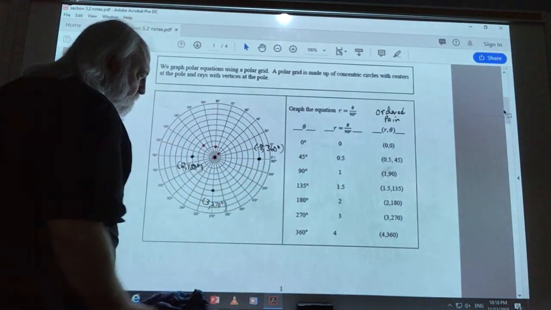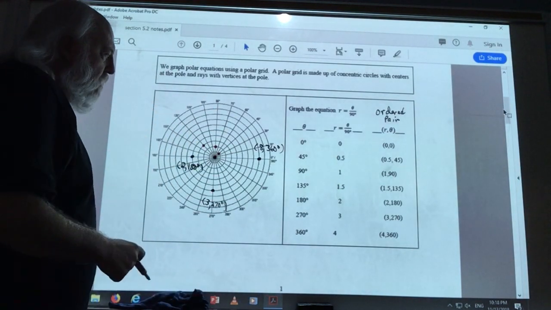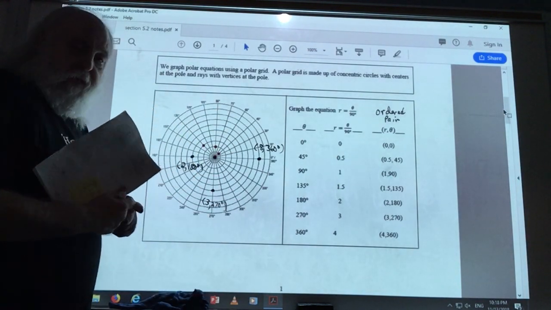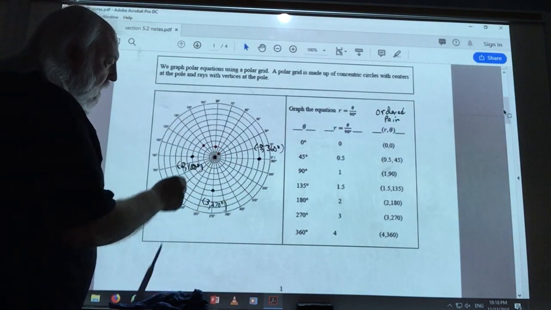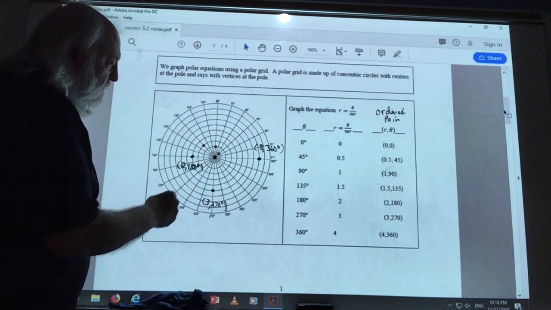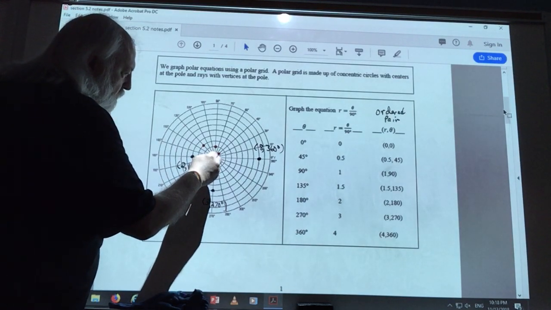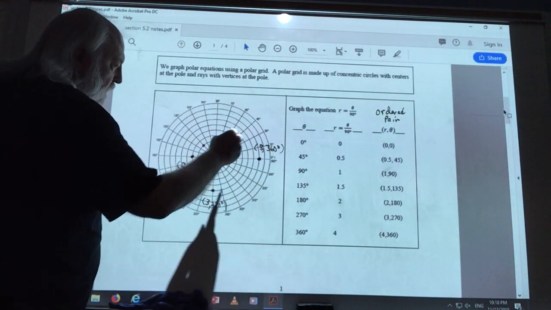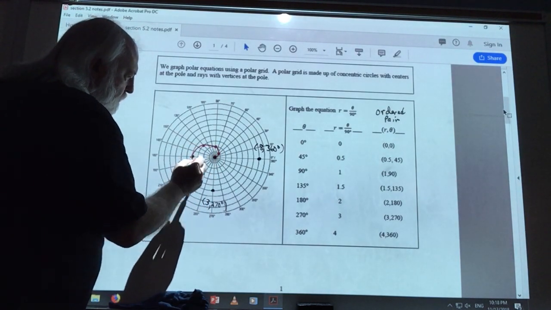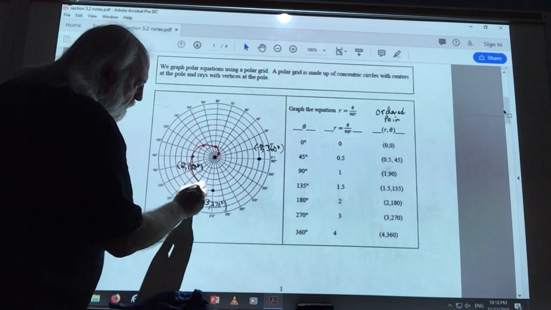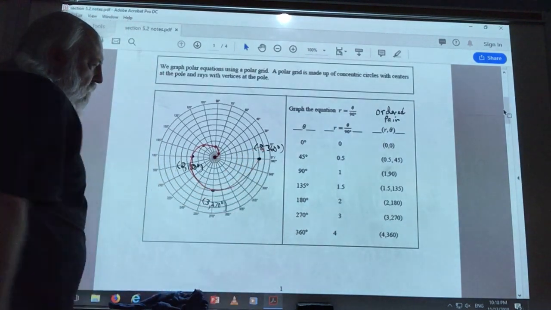Then, like we did in graphing the squaring equation y equals x squared above, we play connect the dots. Start here at the pole with a smooth curve, and I fit a smooth curve to all this, the best I can anyway.